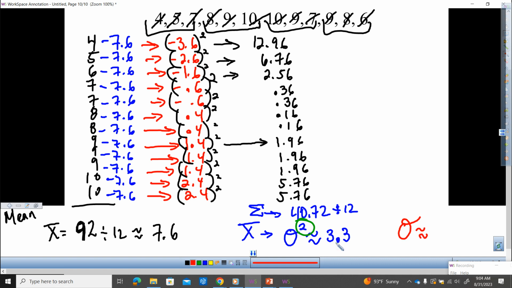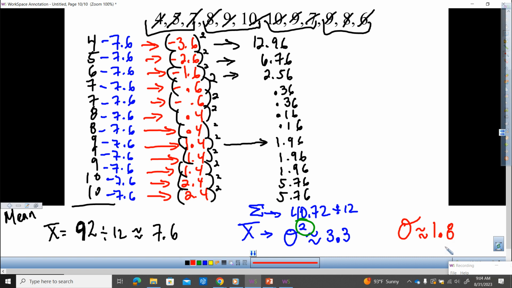What is the square root of 3.3 on your calculator? 1.8.